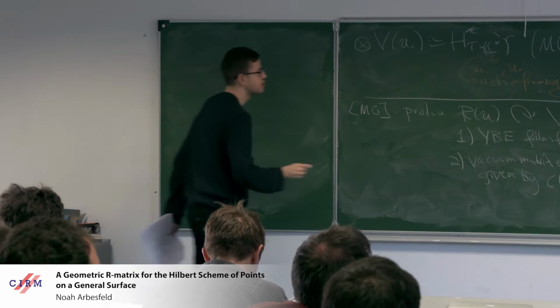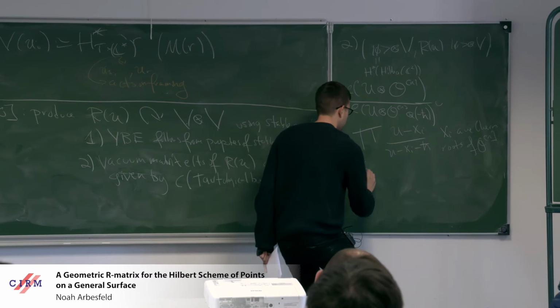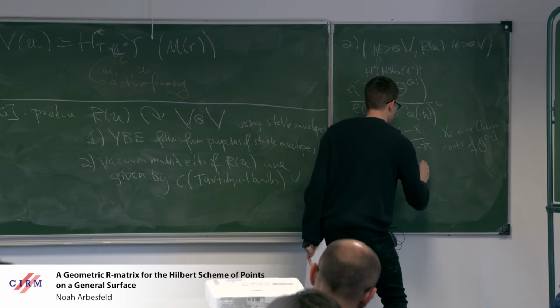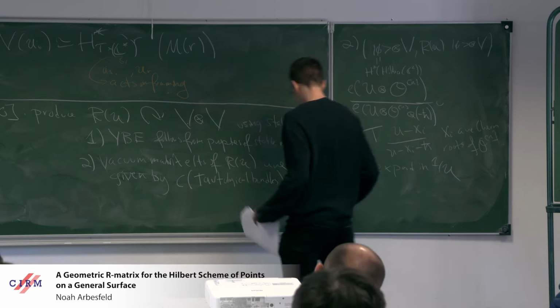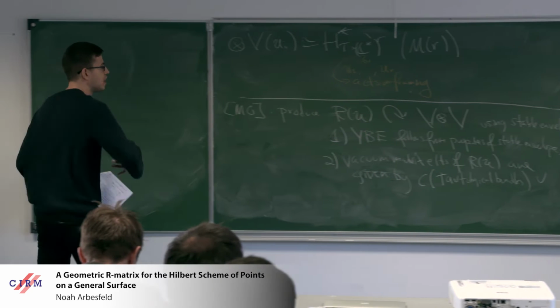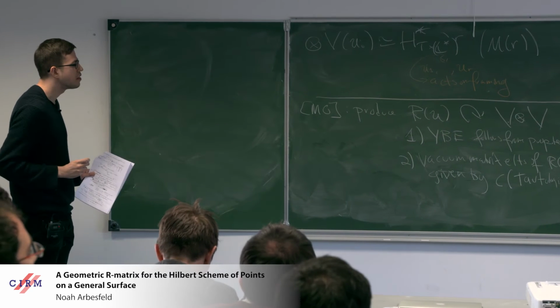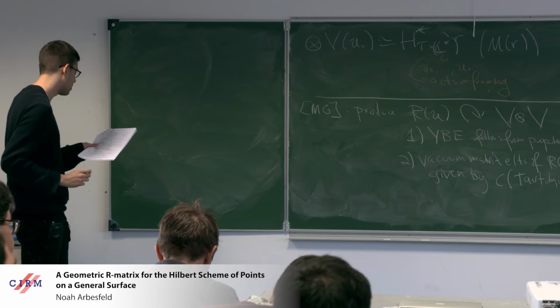And if I expand this in 1 over u, I can read off symmetric polynomials in these Chern roots that give me classical multiplication by this bundle.